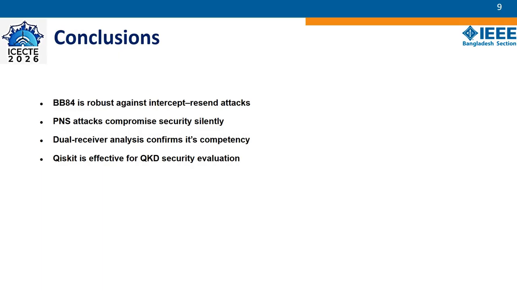In conclusion, BB84 is highly robust against intercept-resend attacks. On the other hand, PNS attack can silently compromise security, and that makes us realize the importance of a true single photon source. Dual receiver simulations confirm BB84's relevance in multiparty QKD research, and Qiskit proves to be an effective tool for realistic QKD security evaluation.